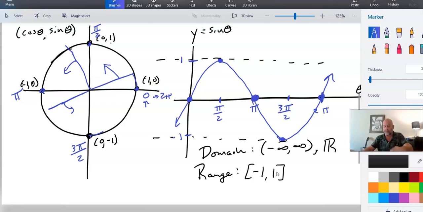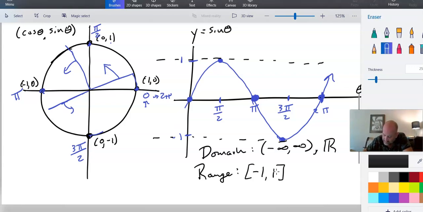Okay, so what I want to do now, I'm going to leave this unit circle up. I'm going to see if I can erase this to the point where I can just reuse it. We'll see. I need to get rid of that and that.